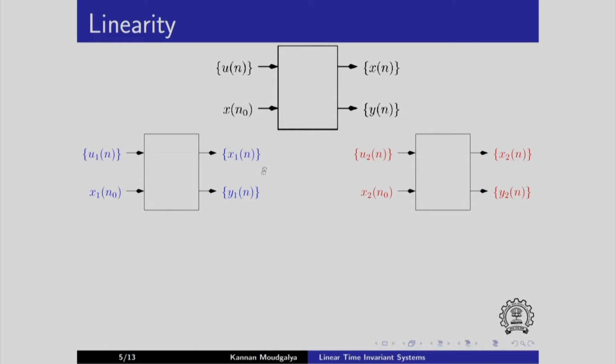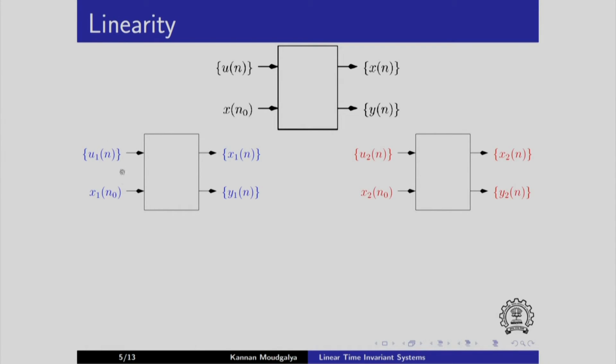These are the future states and future outputs. Here is the same system, but it is at two different inputs, namely the initial state is different. Of course they are both at n0 and another sequence u2 of n for all future values of n are applied, and you get the values indicated by red.